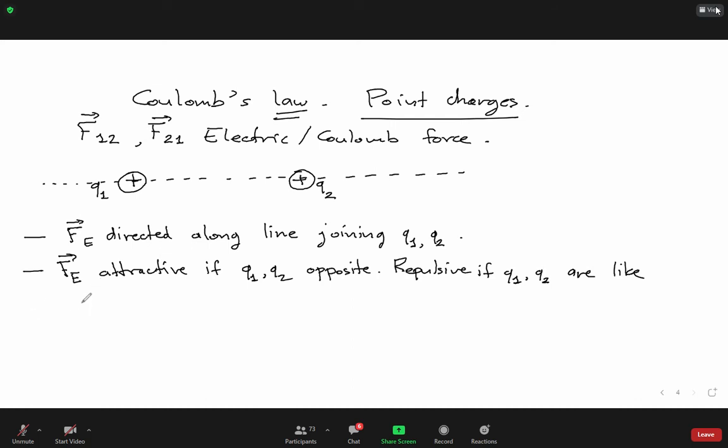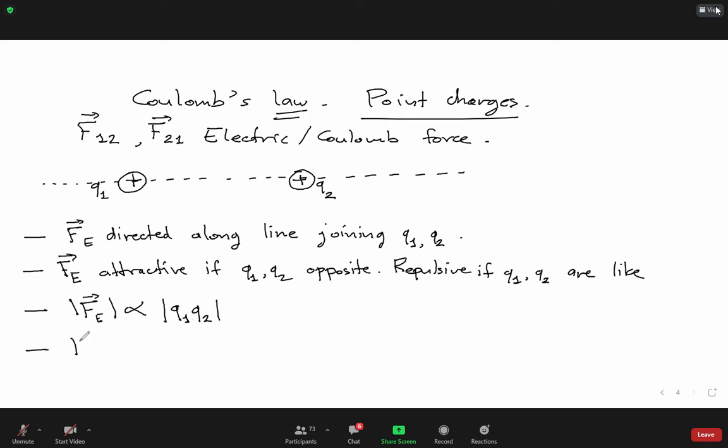The magnitude of this force is directly proportional, right, to the product of the two charges. But because one of these could be negative and magnitude can't be negative, I have to take absolute values.